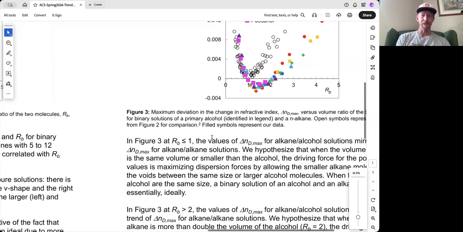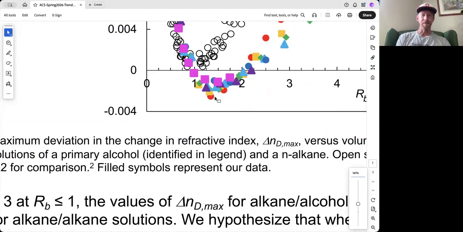If we really zoom in here, you'll see that the minimum for 1-propanol is this red circle, and that the minimum for the decanol is this pink square. And you can see there's a difference there that does tend to change and get larger, or sorry, let's say get closer to 0. It's actually larger because it's a more positive, less negative value.